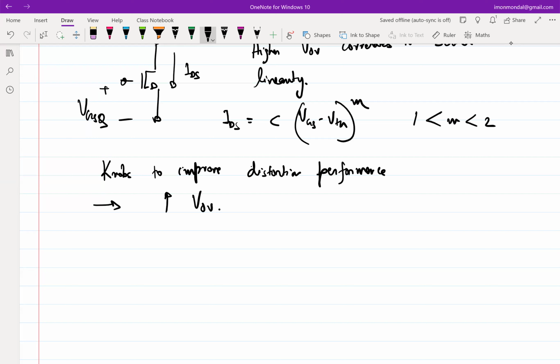Now, the issue with increasing V overdrive is naturally you should appreciate that you cannot have overdrive voltage to be equal to VDD, right? Because you need some swing at the drain voltage also that you will not get. So you are essentially limited. So given that you are limited by some overdrive voltage, what other knobs can we explore?